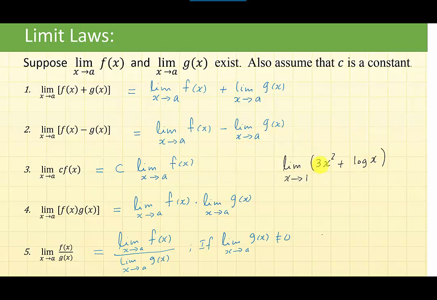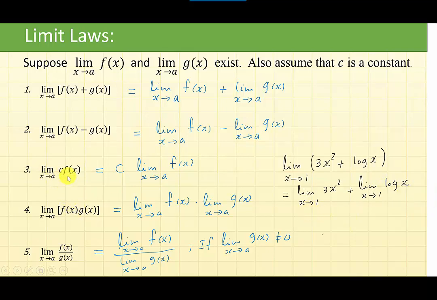We can think of 3x squared and log of x as two functions. By the first rule, the limit of a sum is equal to the sum of the limits. So we get the limit as x goes to 1 of 3x squared plus the limit as x approaches 1 of log of x.